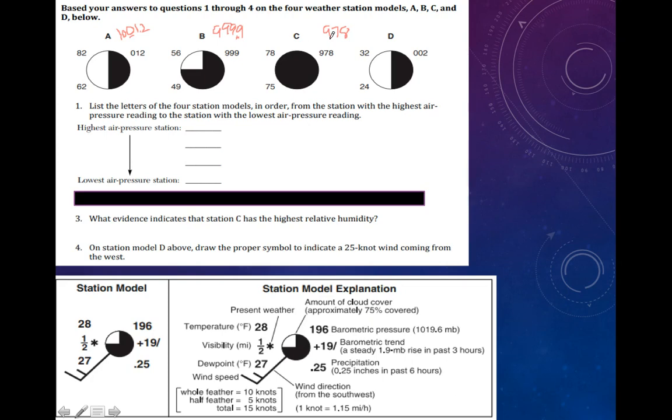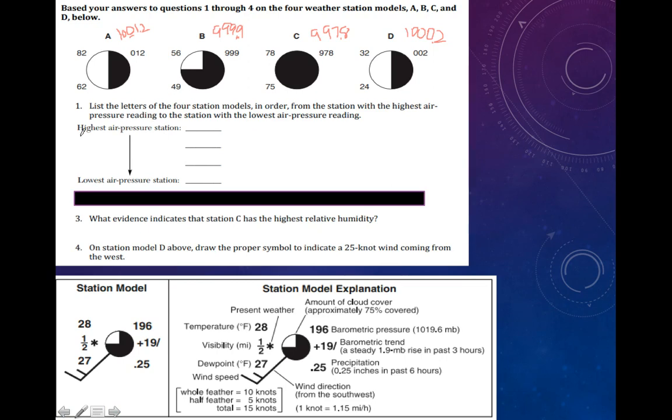Rule is, if it's 5 or higher, add a 9 in front, a decimal before the last digit. That's 997.8. And then I'm going to rewrite this one, 0, 0, 2. Rule is, if it's less than 5, add a 10 in front and put a decimal, 1000.2 millibars.